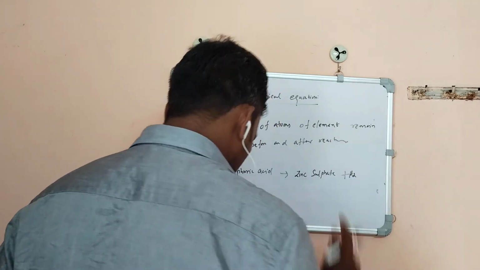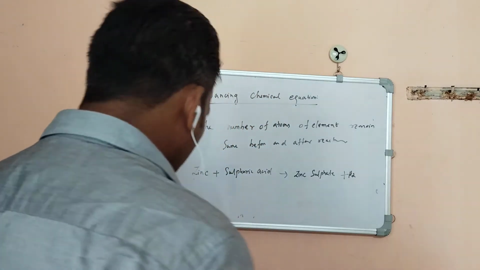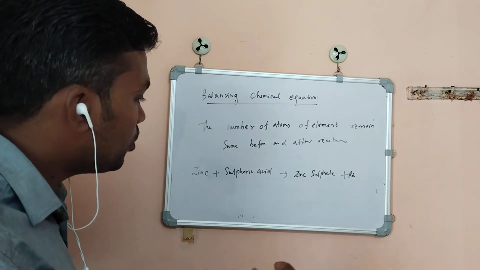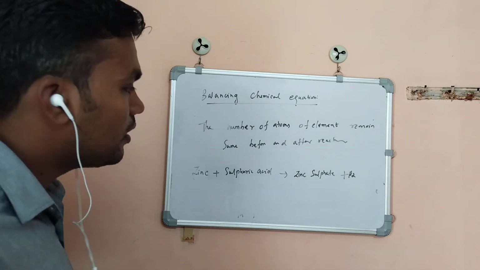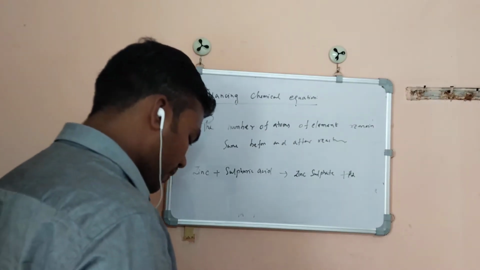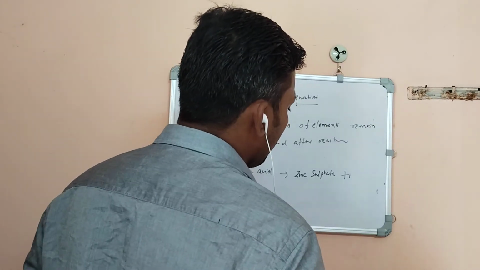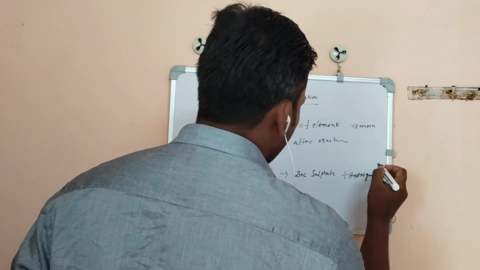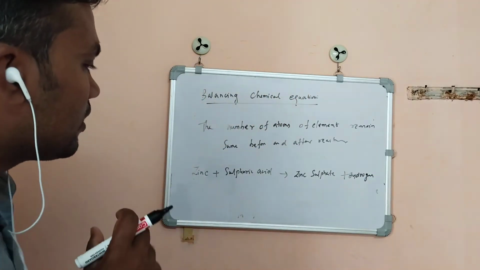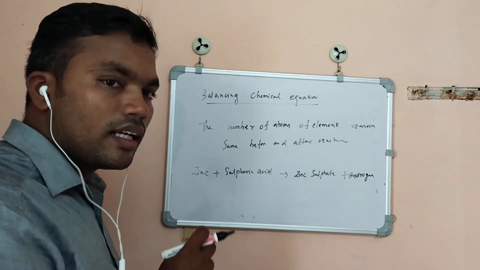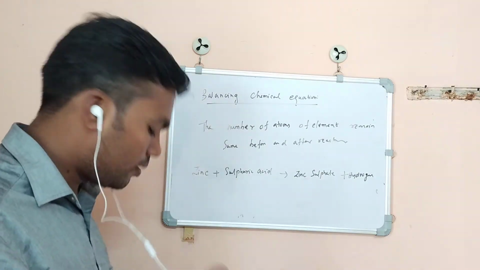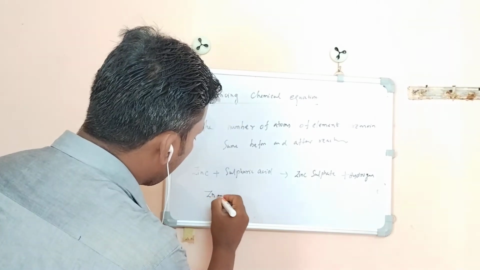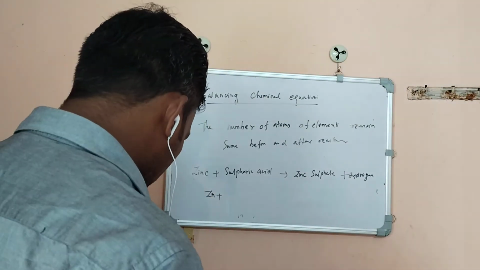In this reaction, zinc reacts with sulfuric acid to give zinc sulfate plus hydrogen. I am writing it here in word form. Now I am going to write this chemical reaction from word form into formula form. What is the formula of zinc? Zn. Plus, what is the formula of sulfuric acid?